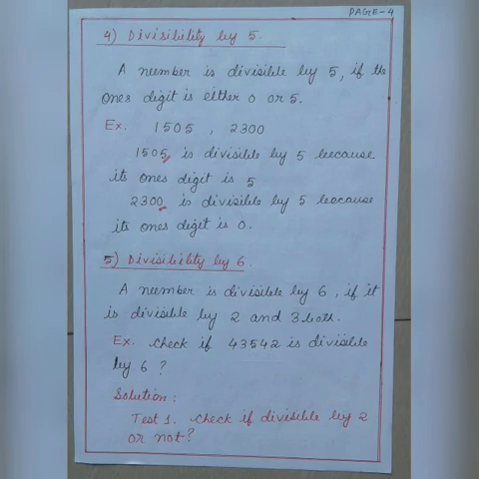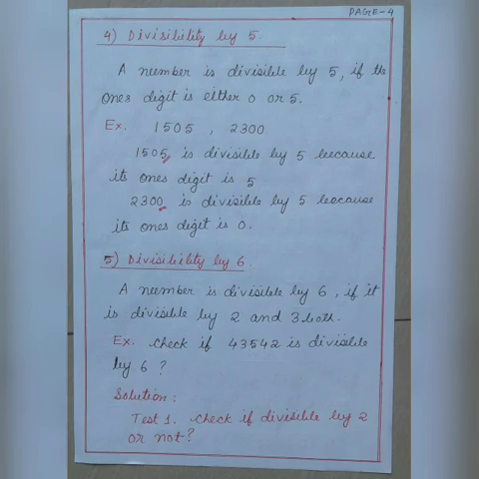So a number is divisible by 6 if it is divisible by both 2 and 3.